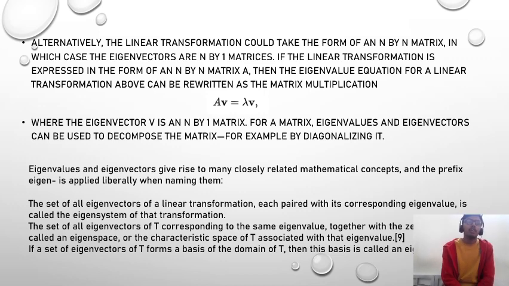The prefix eigen is applied liberally when naming them. The set of eigenvectors of a linear transformation, each paired with its corresponding eigenvalue, is called the eigensystem of the transformation.